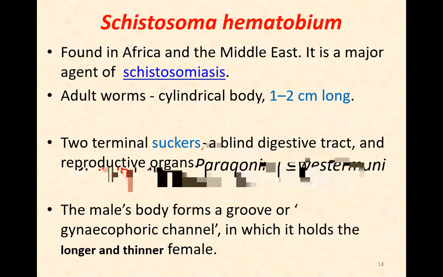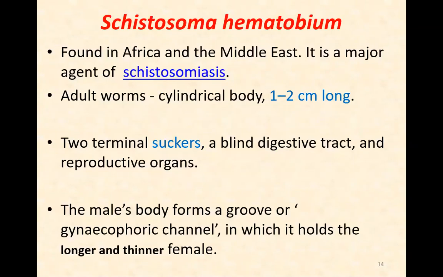The adult worms of Schistosoma haematobium have a cylindrical body, 1 to 2 centimeters. There are two terminal suckers, a blind digestive tract, and reproductive organs.